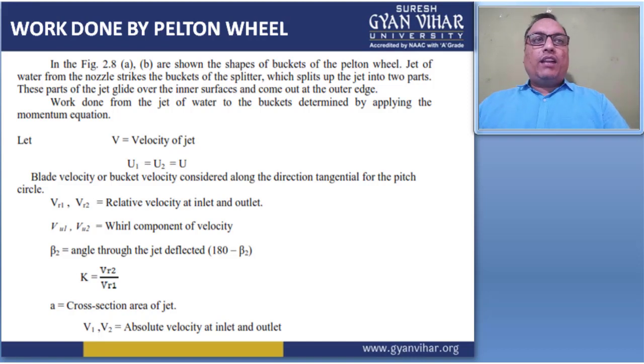VR1 and VR2 are the relative velocities at the inlet and outlet, and VU1 and VU2 are the whirl components of the velocity. Beta2 is the angle through which the jet is deflected, and this angle is 180 minus beta2 degrees. K equals VR2 divided by VR1, A is the cross-sectional area of the jet, and V1 and V2 are the absolute velocities at the inlet and outlet.